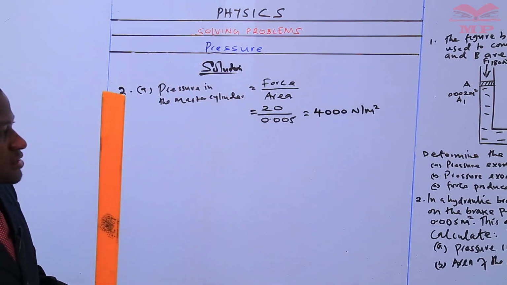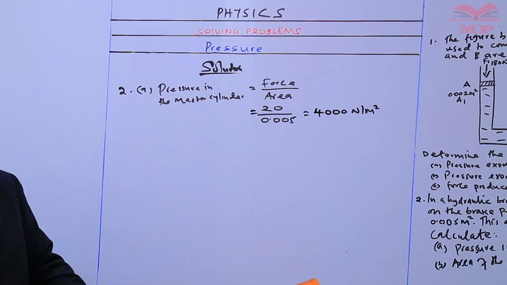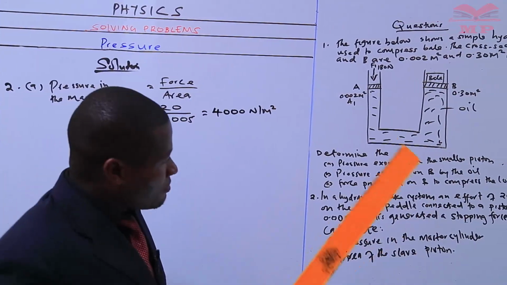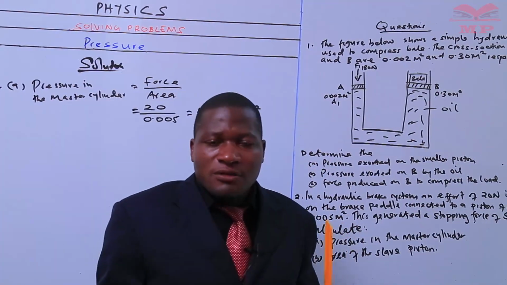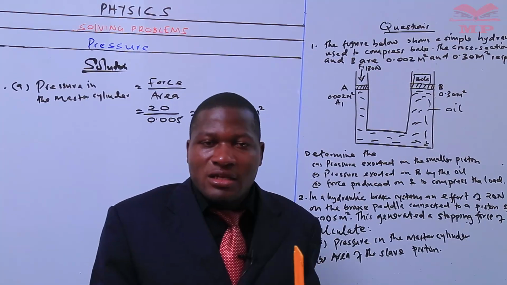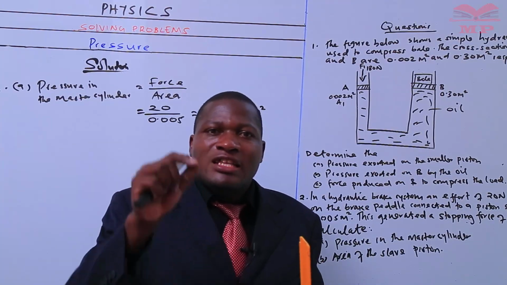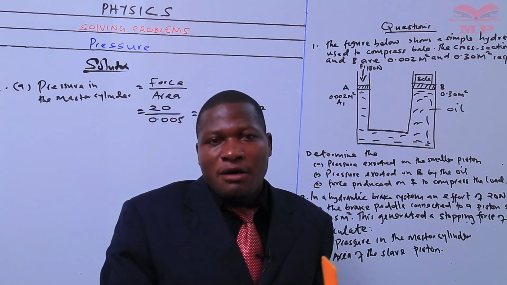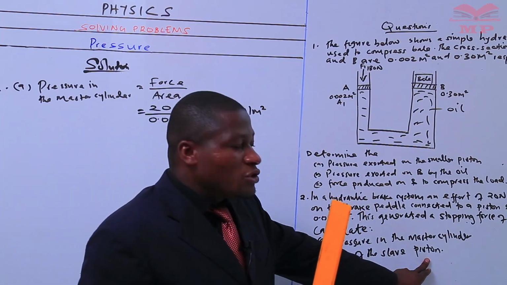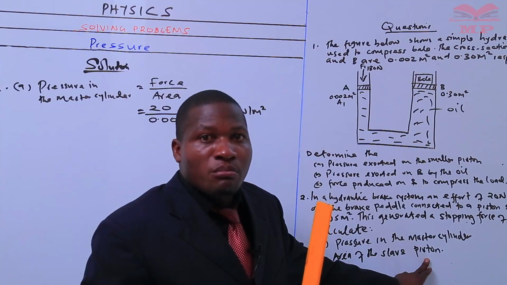That is part A. Then for part B, the area of the slave cylinder. As I have said, this pressure transmitted from the master cylinder will be equally transmitted to all other parts of that brake system, meaning that the slave cylinder will also receive the same pressure.